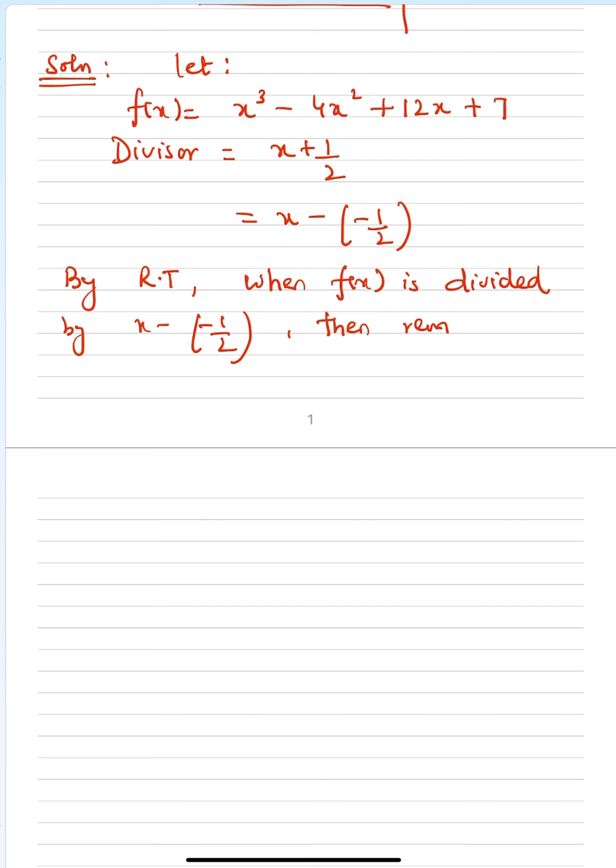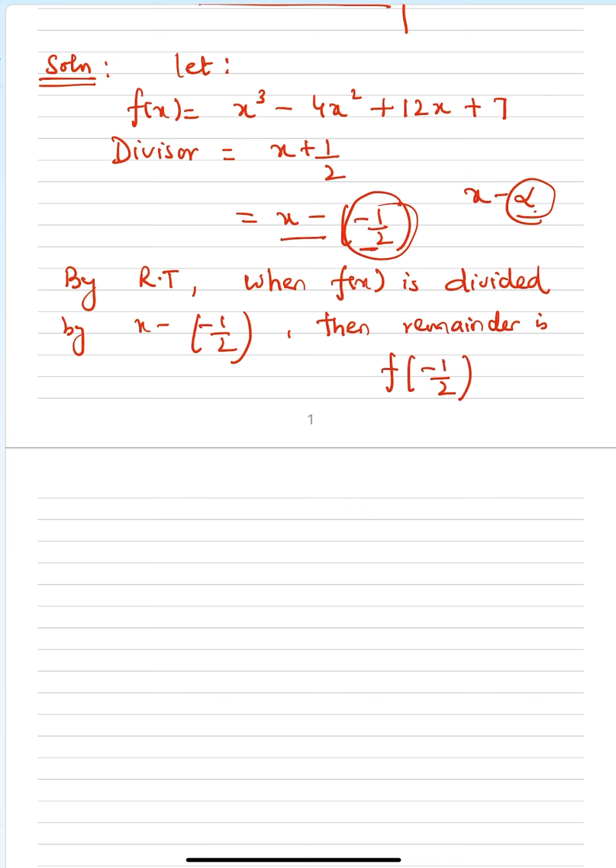So the remainder is f of minus 1 upon 2. Because see, here x minus, minus 1 upon 2 is nothing but x minus alpha, and here alpha is what? Minus 1 upon 2. Correct?